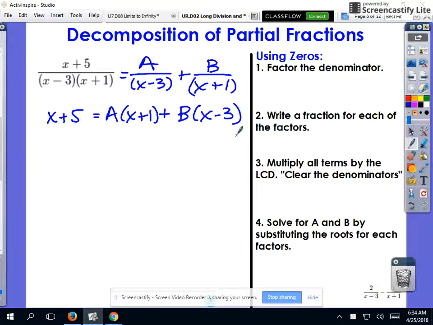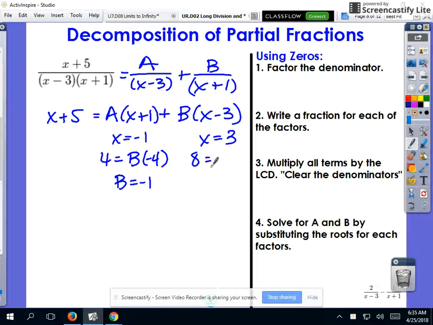All right, we're going to find our roots. For this one, x equals negative 1. So if I plug that in, over here I get 4 equals b times negative 4, and b must equal negative 1. And if I plug in x equals 3, over there I'm going to get 8 equals a times 4.